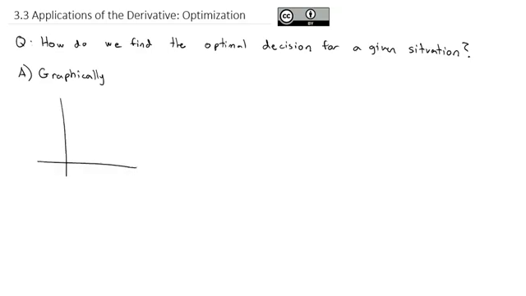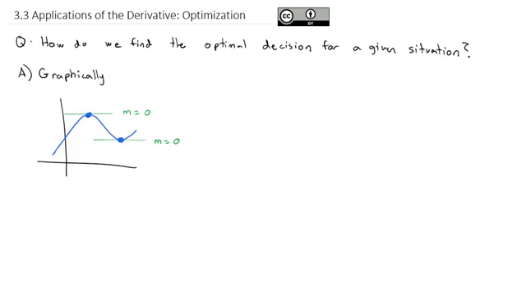But graphically, if I have some function that comes through like this, and I want to know what maybe the maximum revenue is, or maybe the minimum expense, what's unique about those 2 points is if we think about a tangent line that touches those points, a tangent line through those points will be a perfect horizontal line that has a slope of 0. Whenever the slope is 0, we know we're either at a local maximum point or a local minimum point.